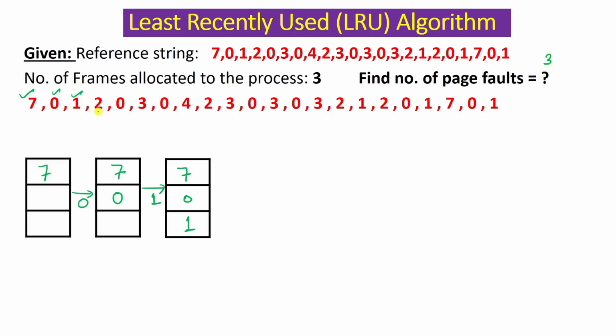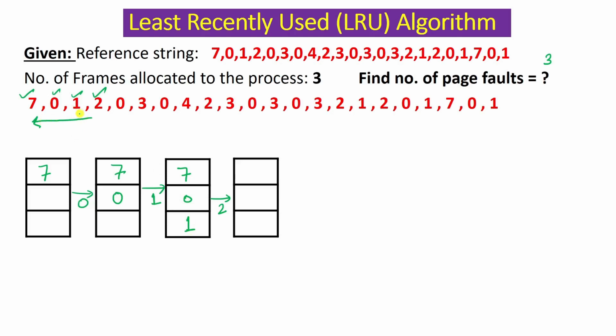Now 2, will it generate a page fault? Yes, because inside these 3 frames, 7, 0, 1, the 2 is not already present, so it will generate a page fault. Now the question is, which page should I replace? LRU says just look in the backward direction and see which of 7, 0, 1 you can replace.